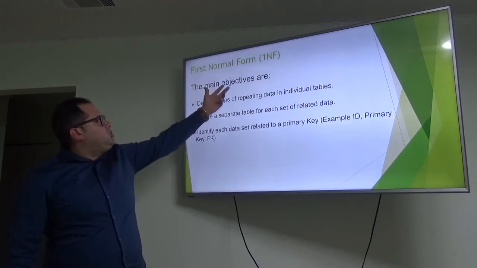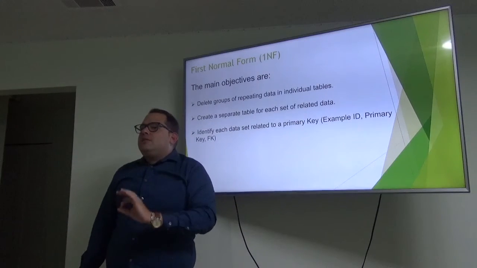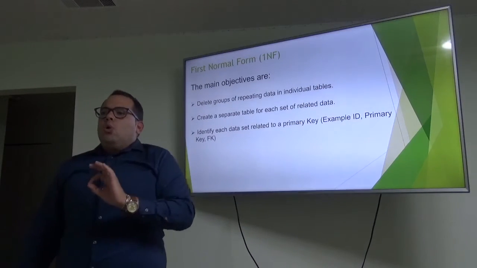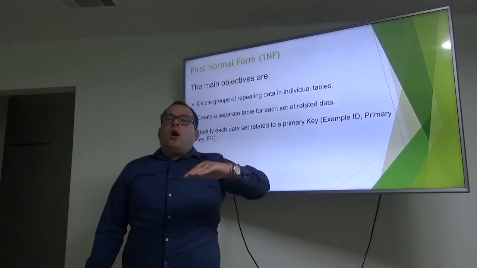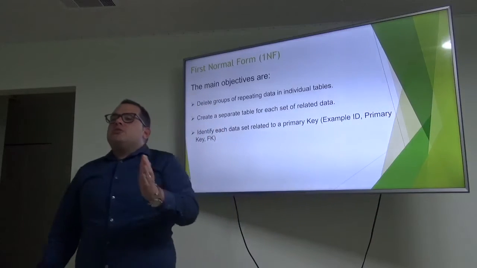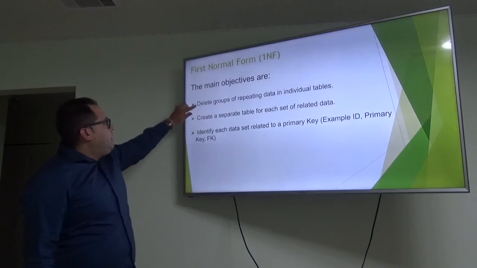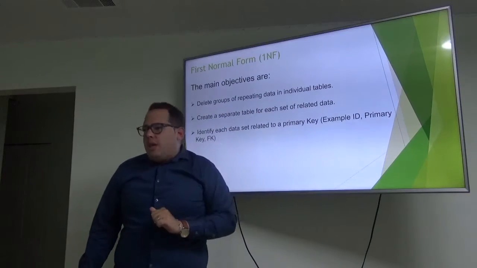What is the main objective? Well, we have the three most important steps to convert an unnormalized form to the first normal form. Well, delete groups of repeating data in individual tables.